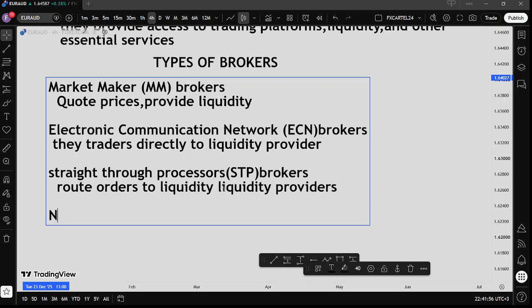We do have also another, no dealing desk. What is this? No dealing desk, NDD brokers.